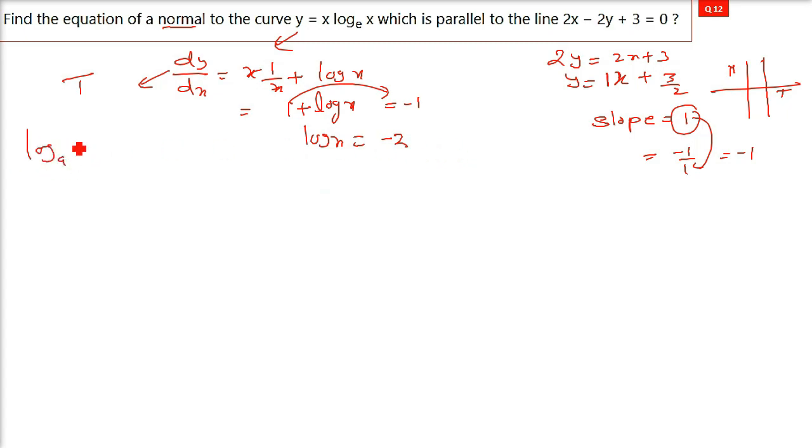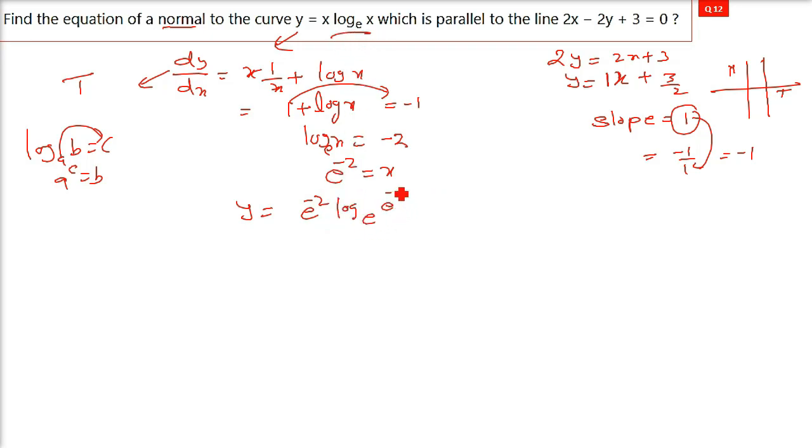So log x equals minus 2. Please remember, log base a of b is equal to c means a raised to c is equal to b. Same here, e raised to minus 2 equals x. If x is this, y will be equal to e raised to minus 2 times log base e of e raised to minus 2.